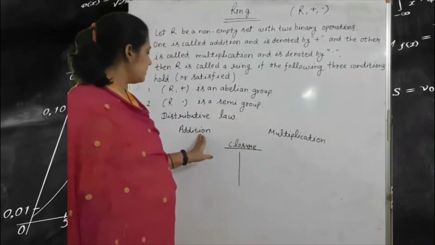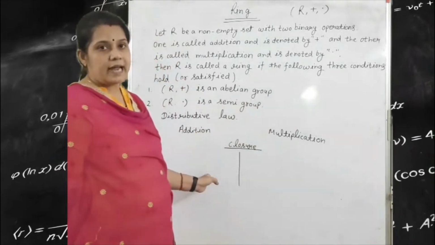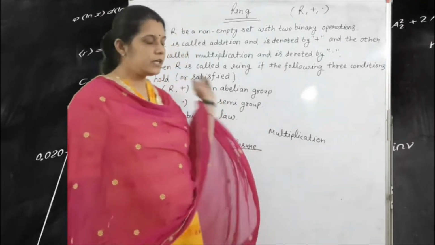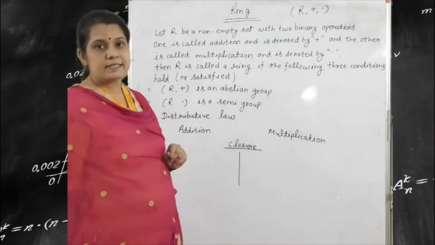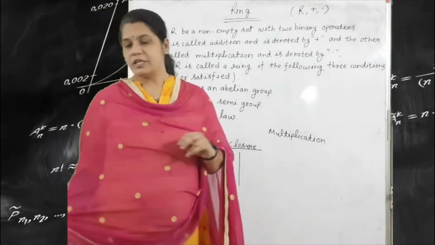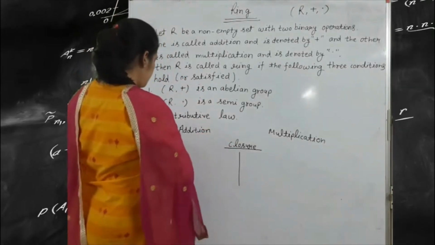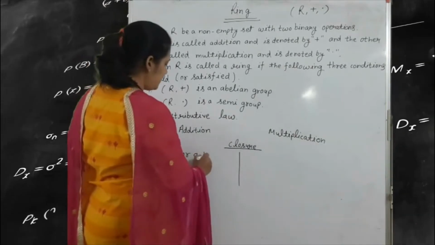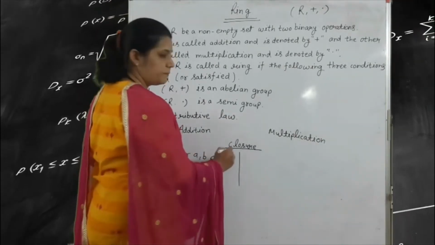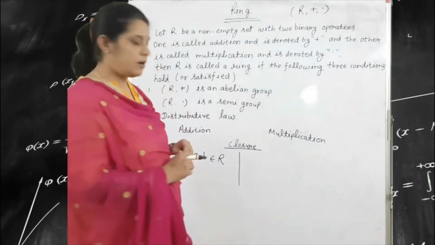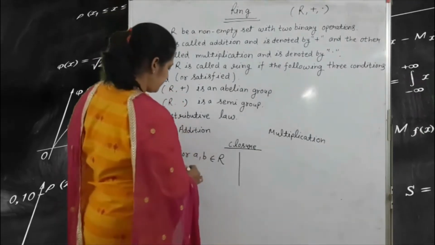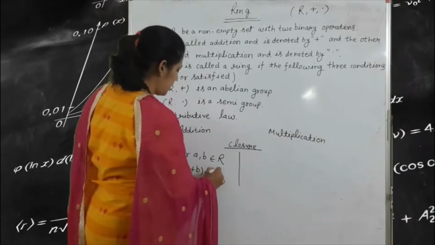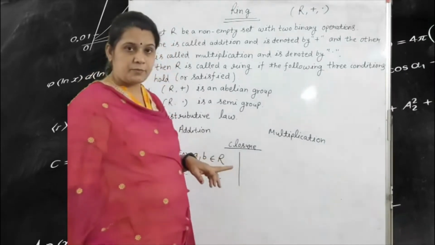On the left hand side we write the addition, and here we write the multiplication. First property is the closure property. For a, b belongs to R, then a plus b also belongs to R. This is the closure property.